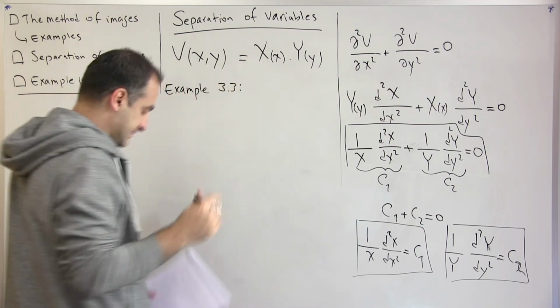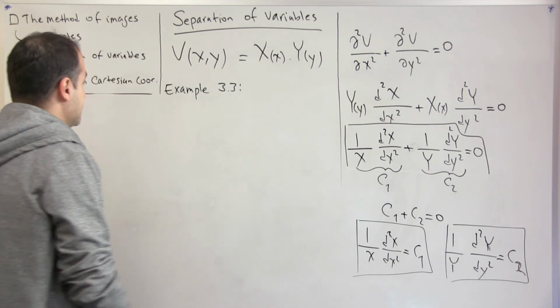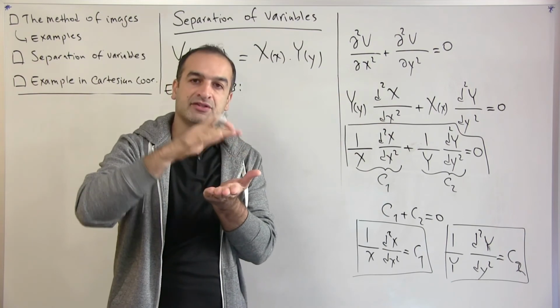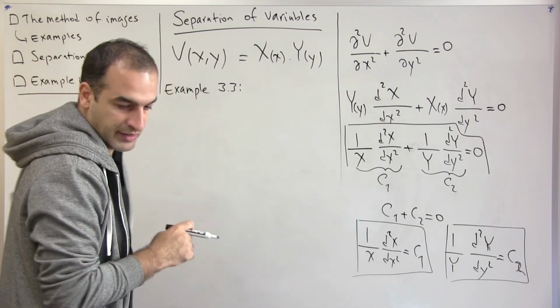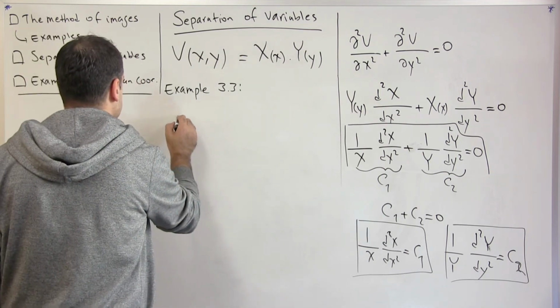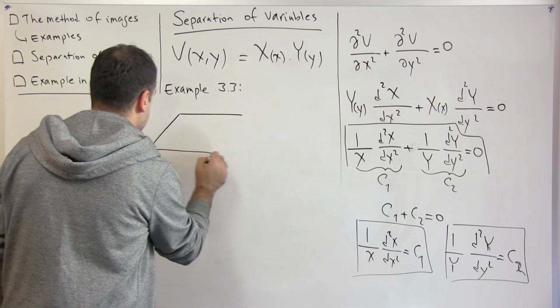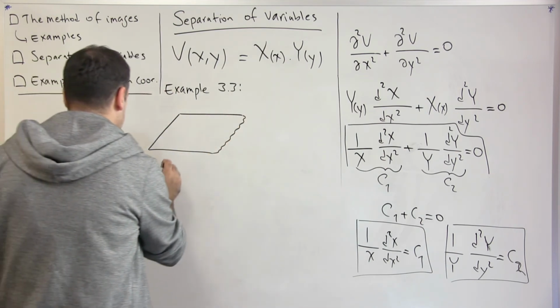From the textbook, where we have a situation with one slab and we are trying to find the electric potential inside it. The boundary conditions are very well characterized, and the situation is something like this. We have two slabs.